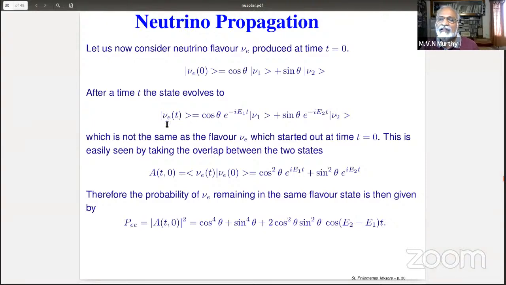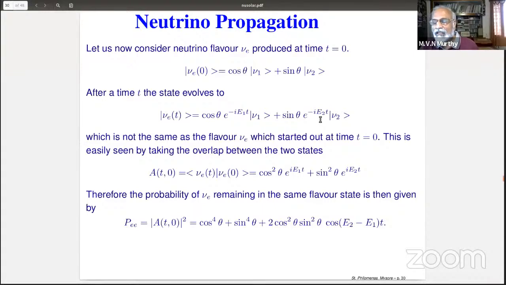So which means that the so-called electron neutrino flavor, which is produced at time t equal to 0, as it propagates, has changed itself. It has changed itself in such a way that it has acquired a phase difference between the first term and the second term, which is given by the difference in these energies.